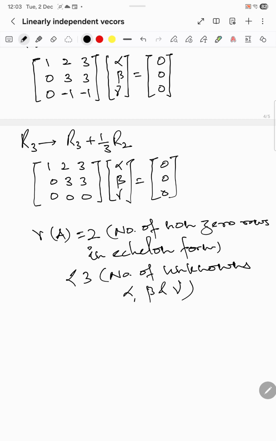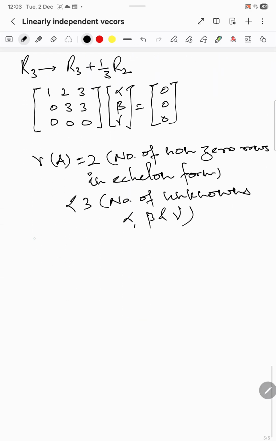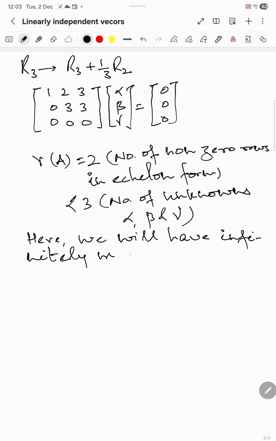So in this case we will have infinitely many non-zero solutions. Okay, infinitely many non-zero solutions. So in this case, the vectors are linearly dependent.